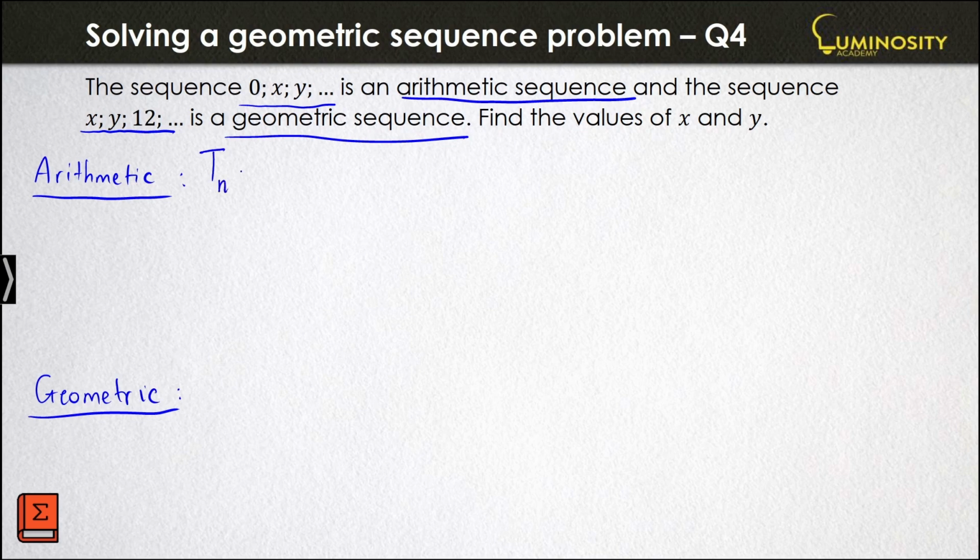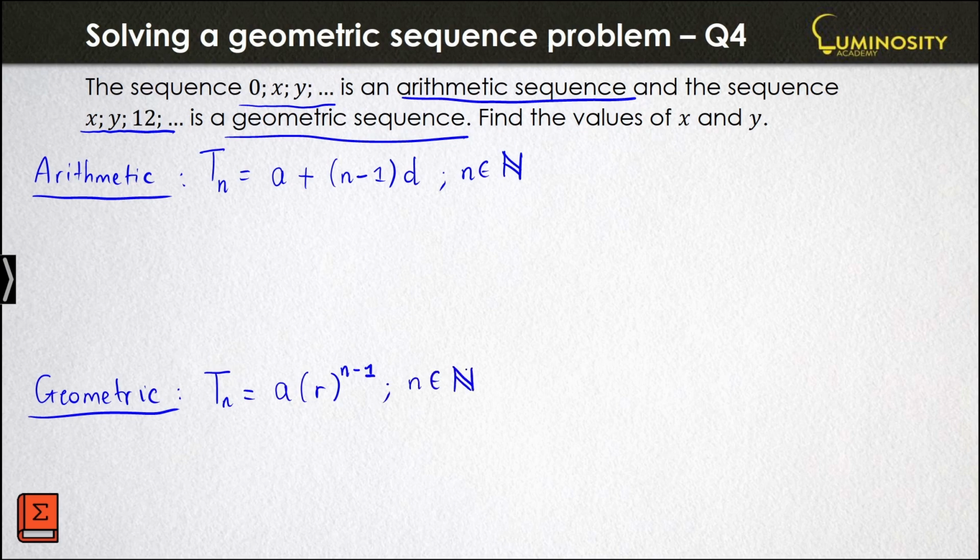Arithmetic, it is Tn equals first term a plus the previous term n minus 1 times the common difference d, and n is a natural number. For the geometric sequence, we have t sub n equals the first term a times the common ratio r, which has an exponent on top of it, which is n minus 1. And that is when n is a natural number.